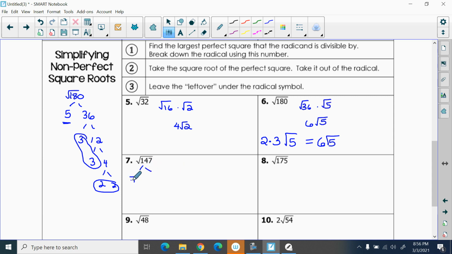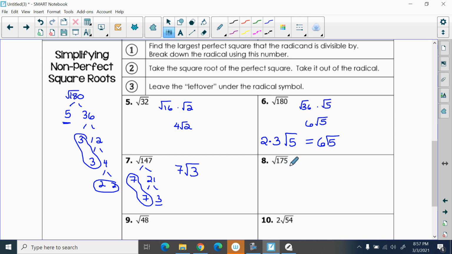So that's 7 times 21. Well, I know 7 goes into 21 as well, so that's 7 times 3. And what do you know? I'm all the way down to prime numbers here. So I have 1 pair that goes in the 7 car, and he's on the outside. This 3 stays in the house. So it's 7 times the square root of 3.